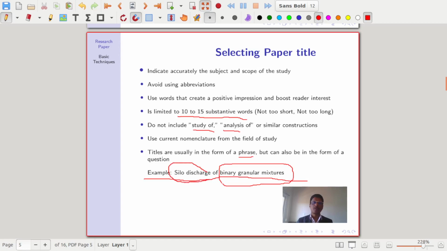We can modify the title: if you have done a numerical simulation, "Numerical simulation of binary granular mixture in a 3-dimensional silo or 2-dimensional silo." If you have done experimental work, you can write "Experimental investigation of binary granular mixture in silo."